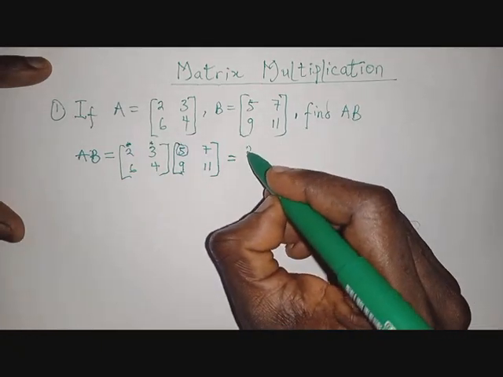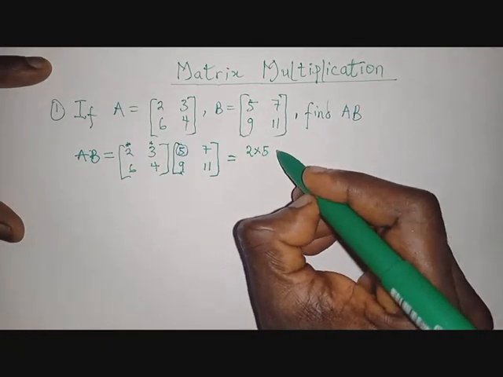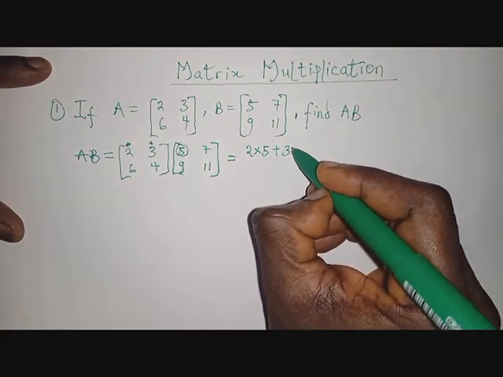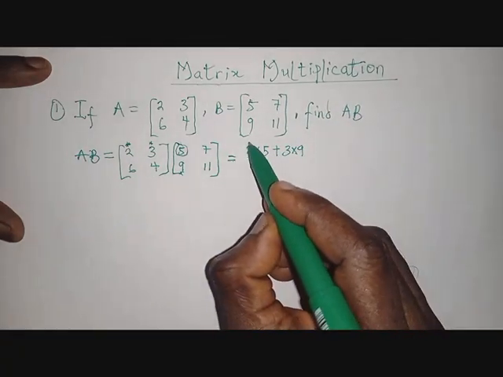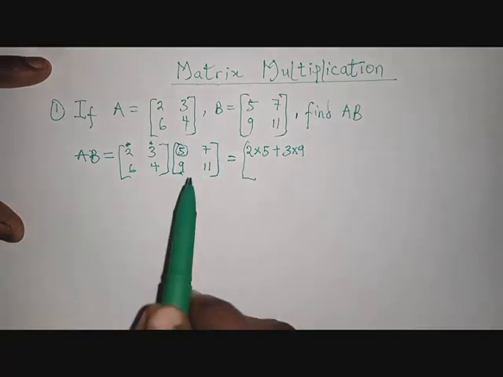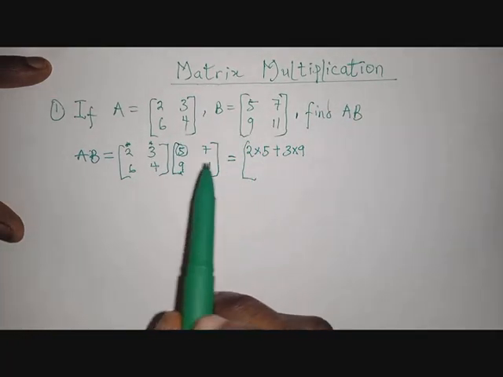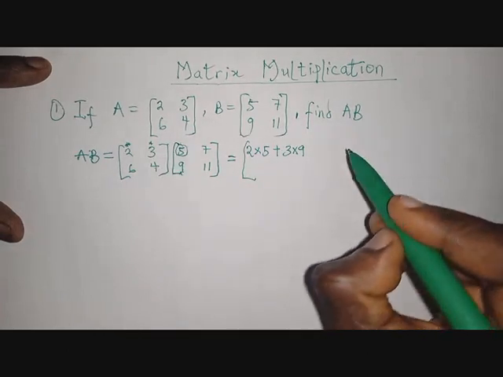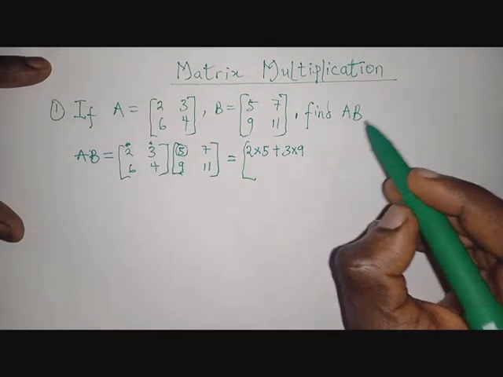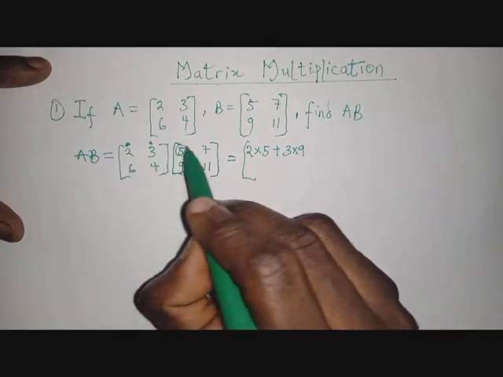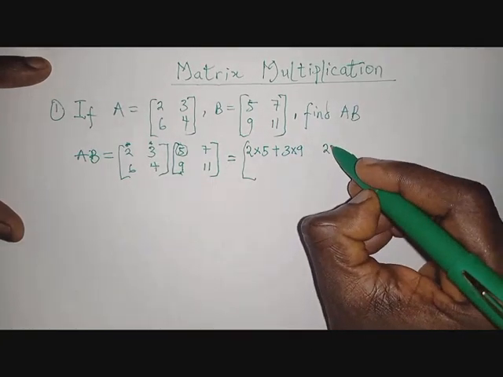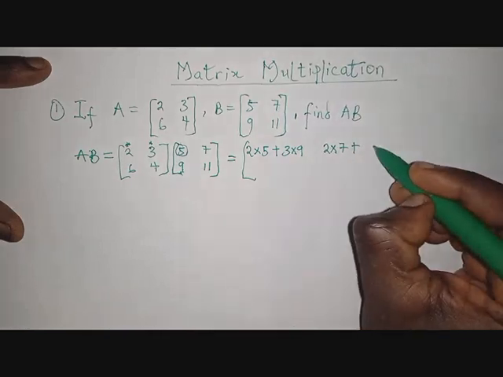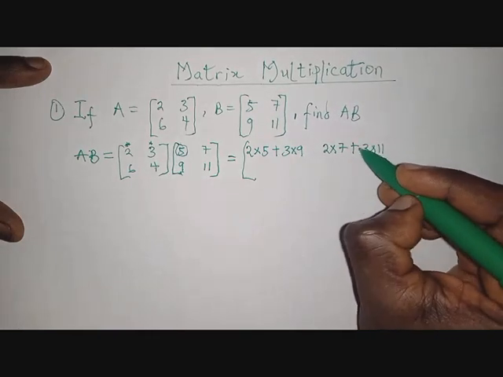So we're going to say 2 times 5 plus 3 times 9. So that's what's going to be in row 1, column 1. Then for row 1, column 2, we're going to say 2 times 7 plus 3 times 11.